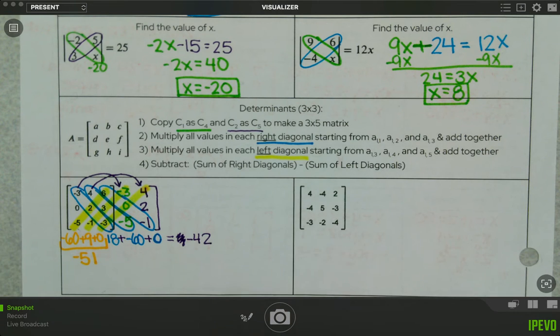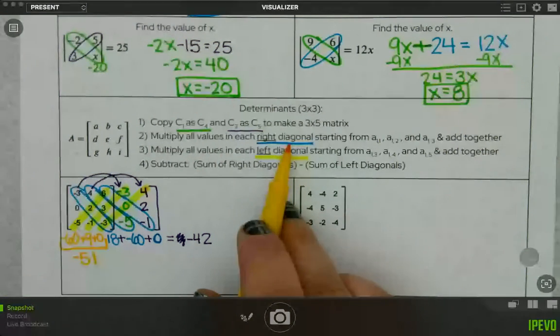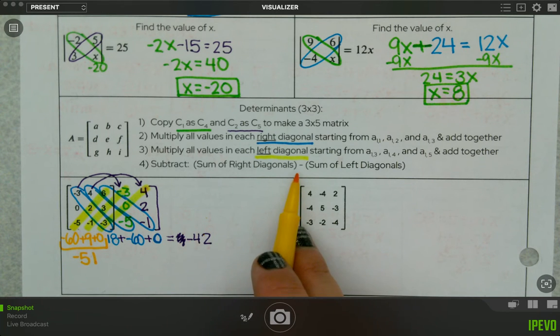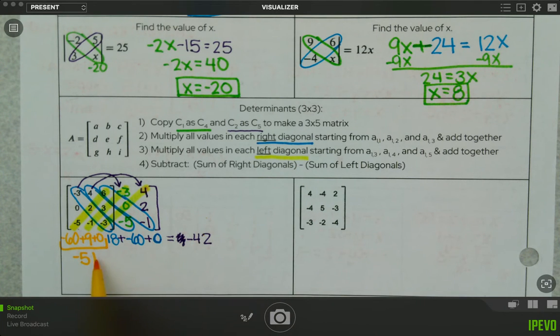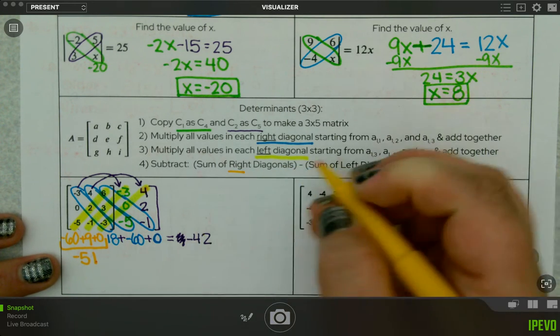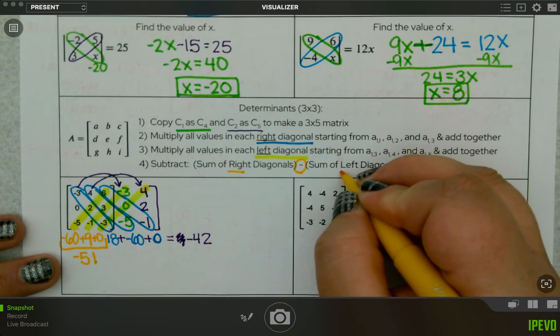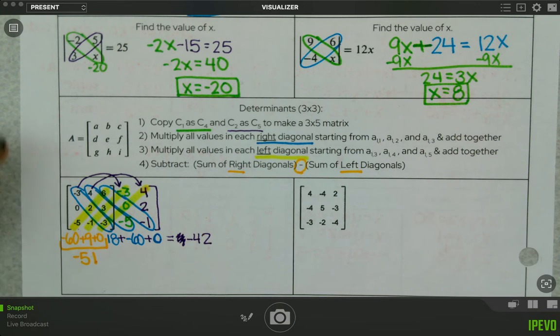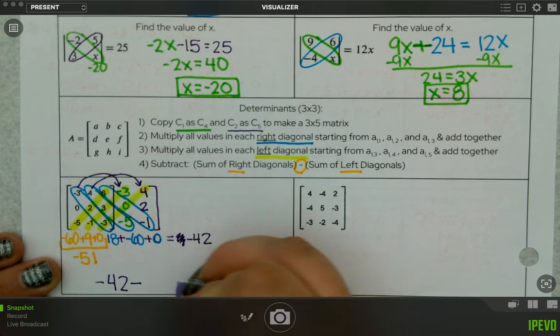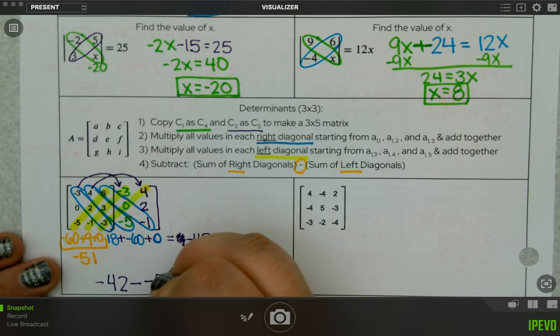So right now, I have the right diagonals, which added up to negative 42, and my left diagonals, which added up to negative 51. And then we need to subtract right minus left. So for this problem, that's going to be negative 42 minus negative 51.